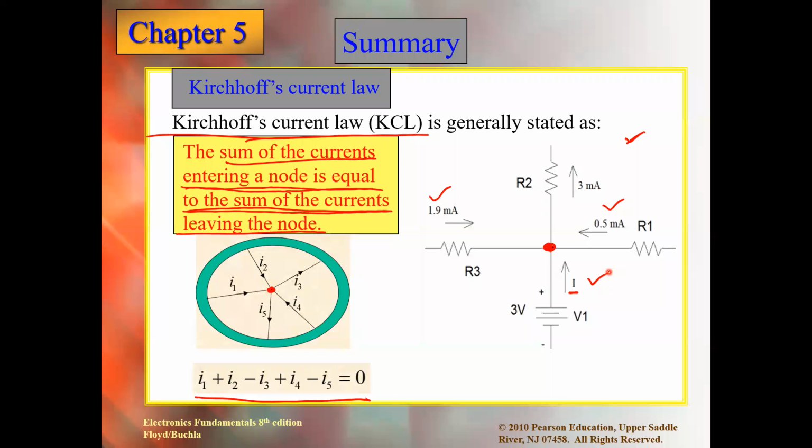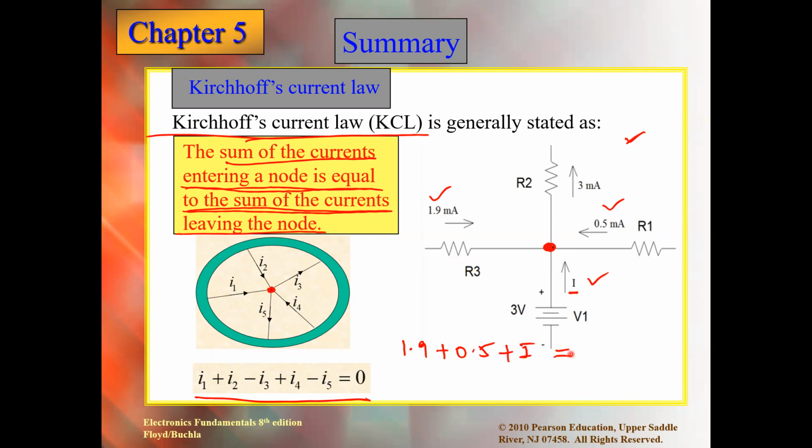So 3 are entering. Now we can write, guys: entering the node, 1.9 milliampere is entering, plus 0.5 is entering, and plus I is entering, equal to leaving.